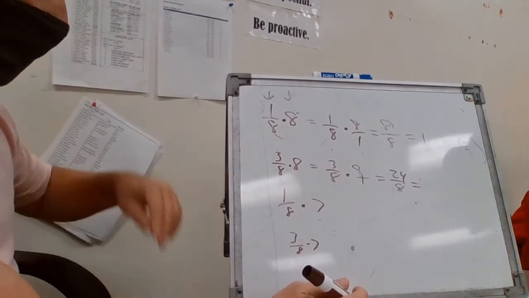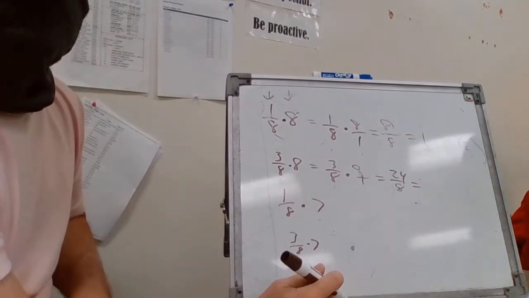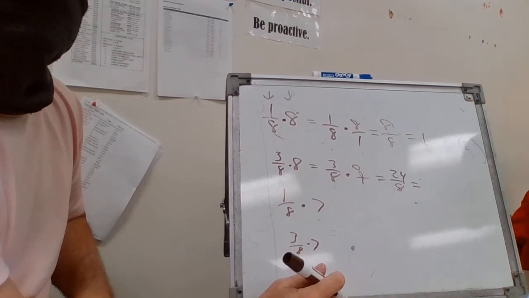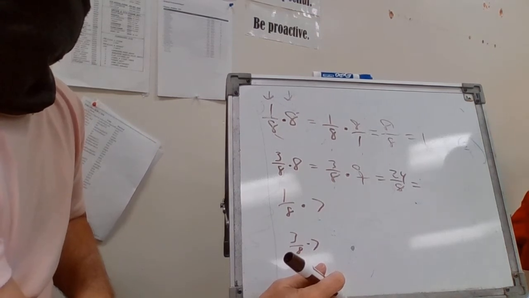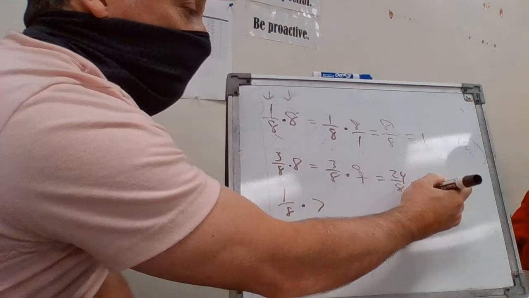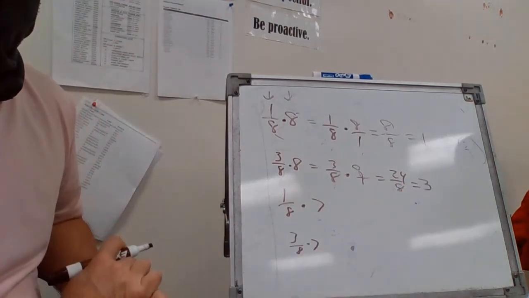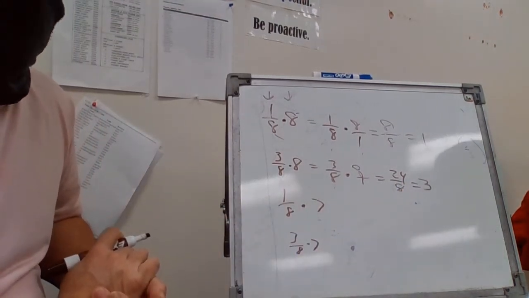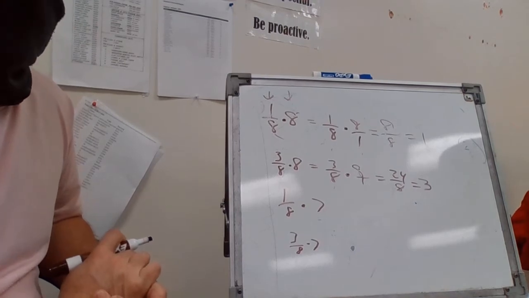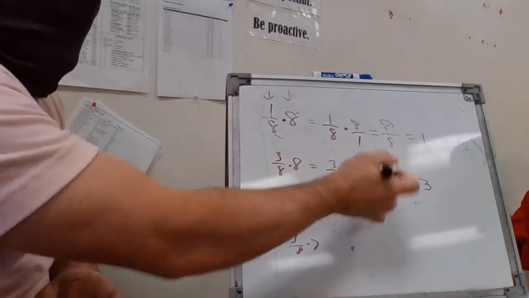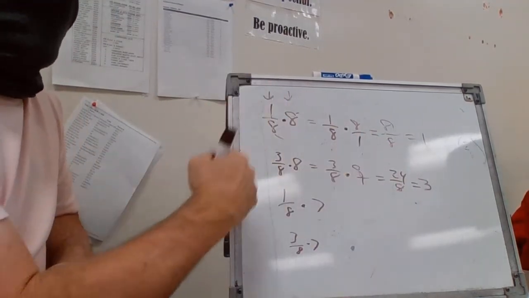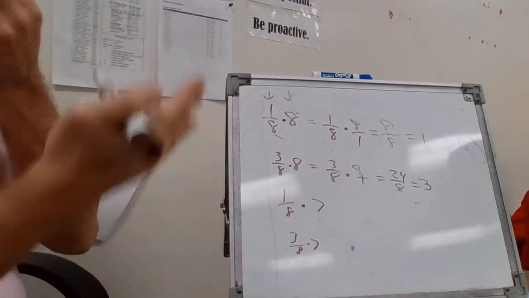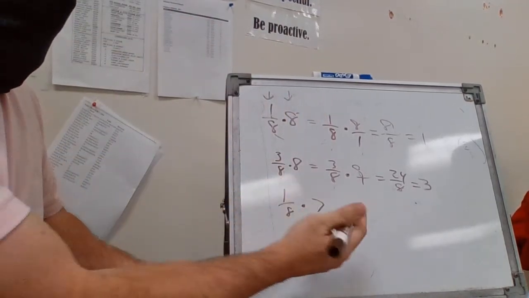Exactly. 8 times 3. So 24 divided by 8 is 3. To check that division, you do the opposite. You can multiply. 8 times what number is 24? It's 3. Okay? All right, can you see this right here?